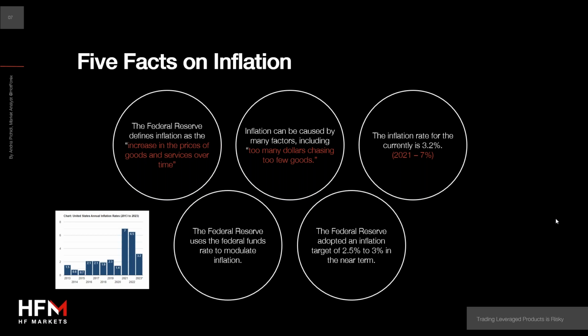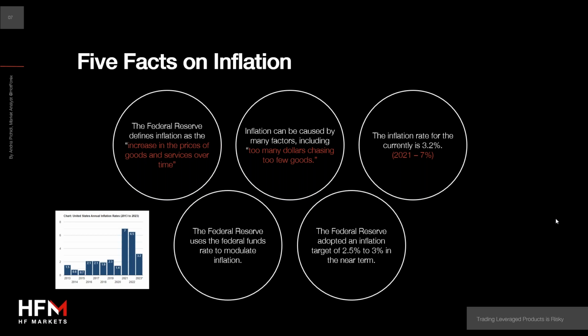It's 3.2%, which is like half of what it was in 2021. Even though the current inflation is relatively low, we can still see some goods, mainly in the energy market or in the commodity market, that have seen their prices rise significantly in the last year due to the acceleration of the economy.